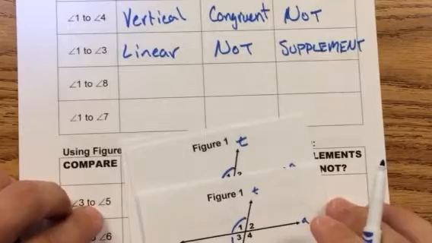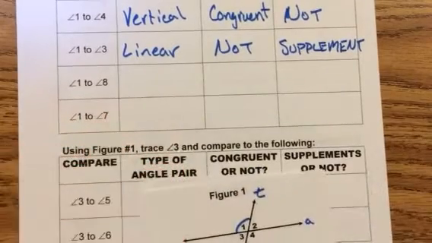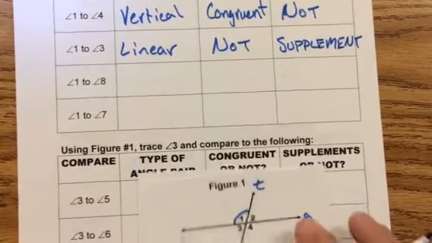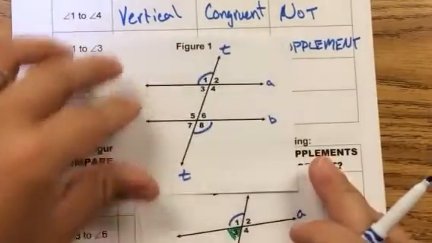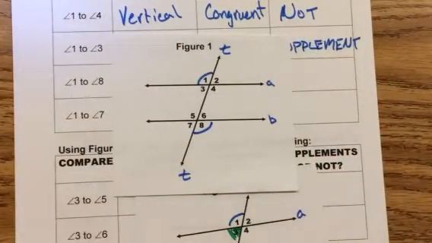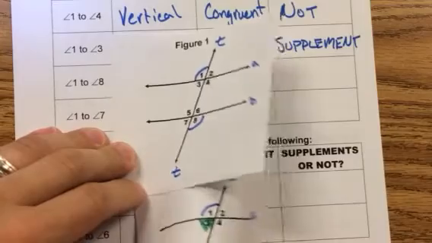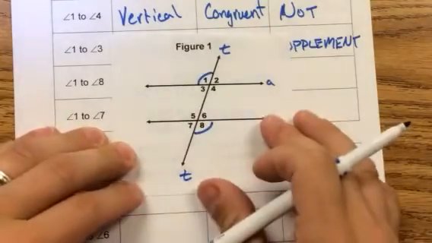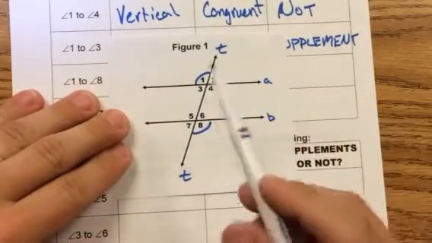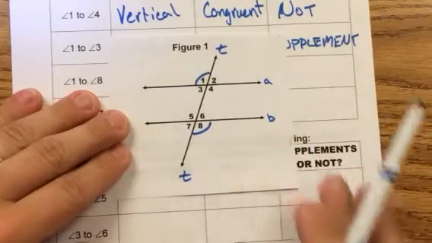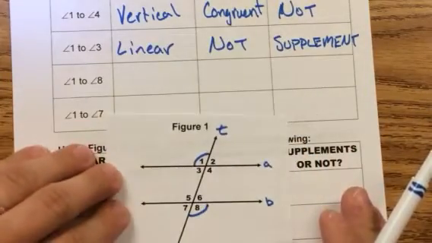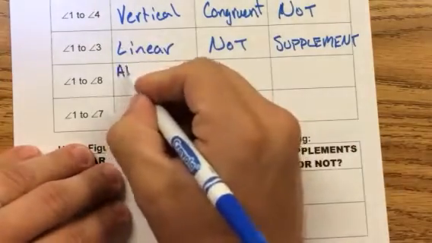Looking down, angle 1 and angle 8. Angle 1 is in the top left, and angle 8 is in the bottom right. They both touch my transversal T. One's on A, one's on B. Because they are on opposite sides of my transversal, we use the word alternate.